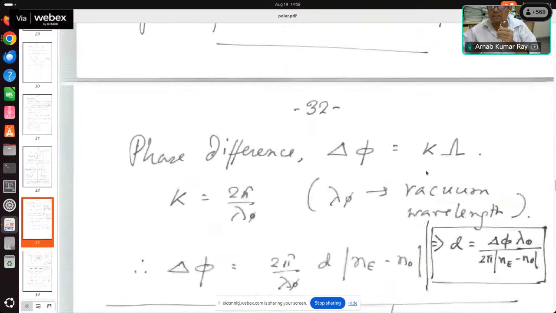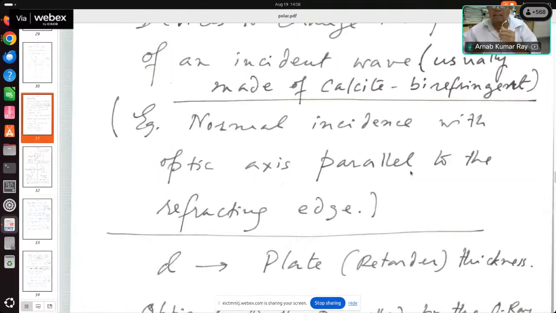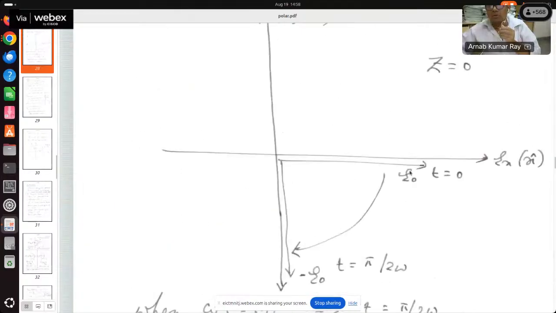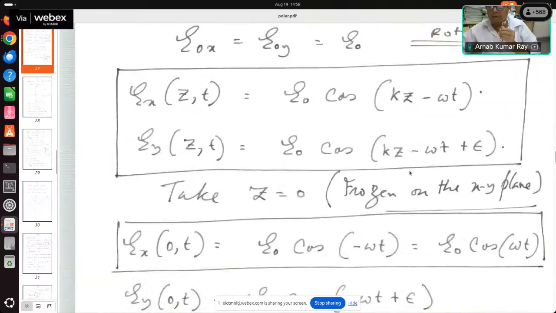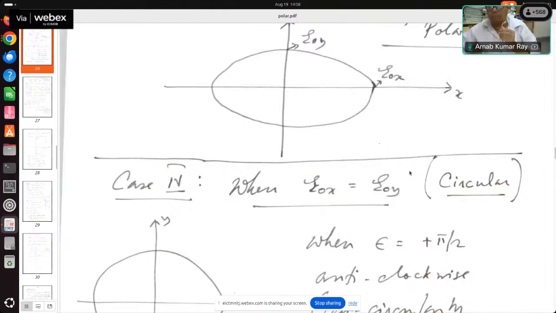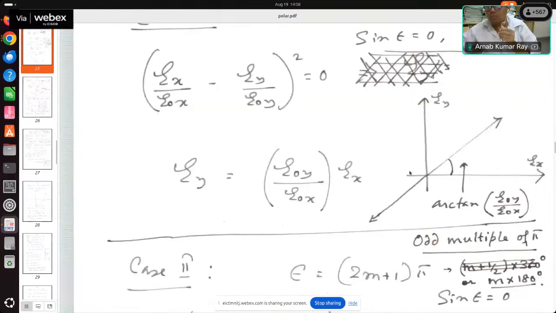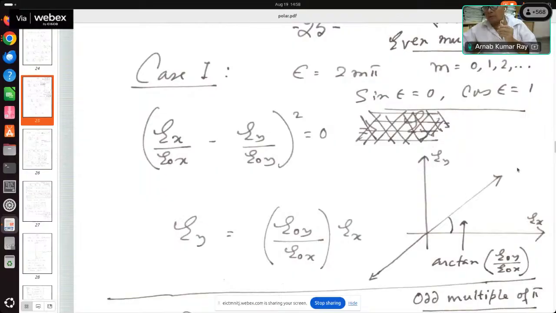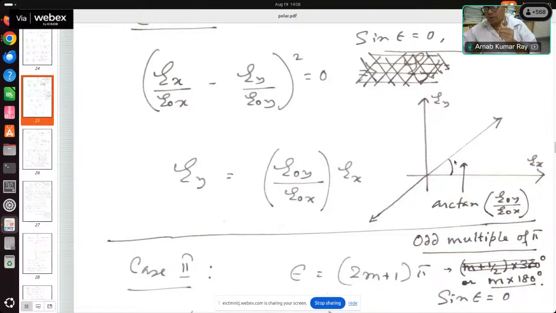We have just discussed that basically the purpose of the half wave plate is to introduce a phase angle difference of pi. Suppose you have a light wave that is coming like this, with a certain orientation.